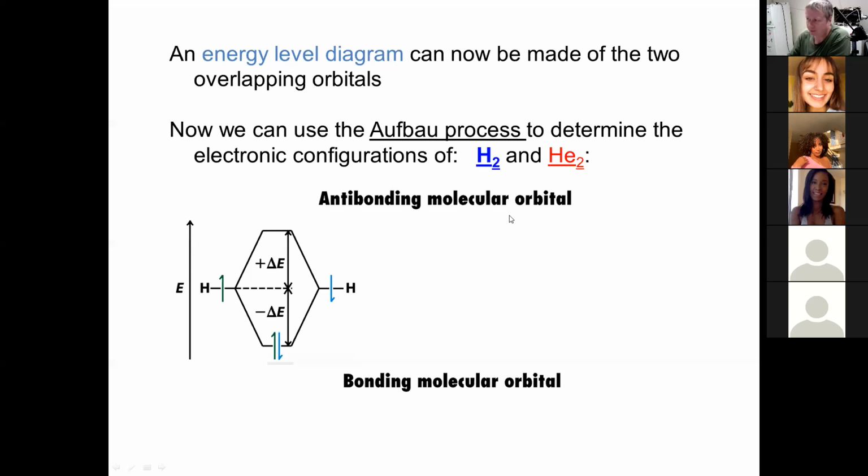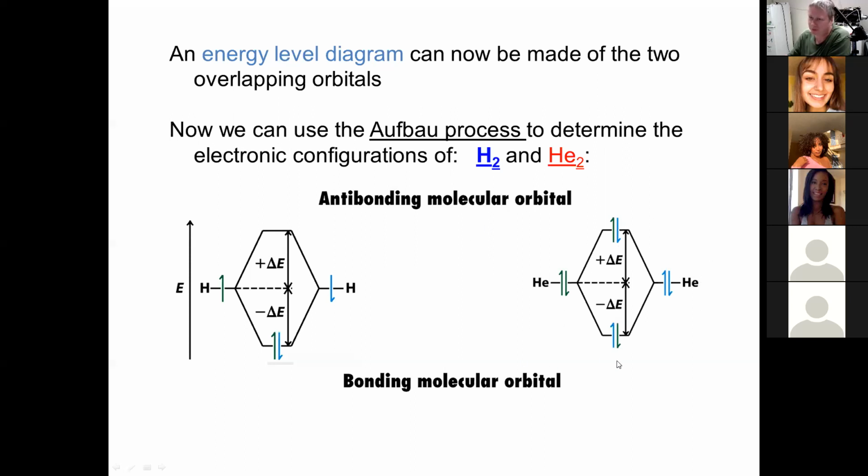What about helium-2? How many electrons? We know hydrogen has 1 electron around it. Helium has 2 electrons, right, if you look on the periodic table. So how would helium-2 look? It would have 2 electrons in one atom, 2 electrons in the other, and then 4 electrons total, right? And then 2 go into the bonding, 2 go into the antibonding. And is this a happy molecule? Yes or no?